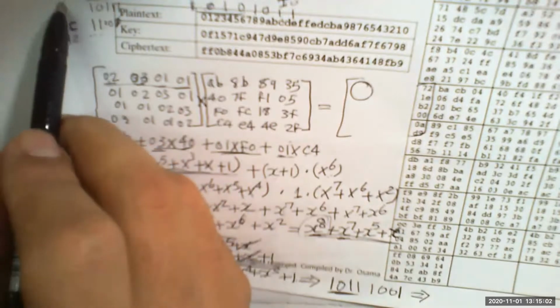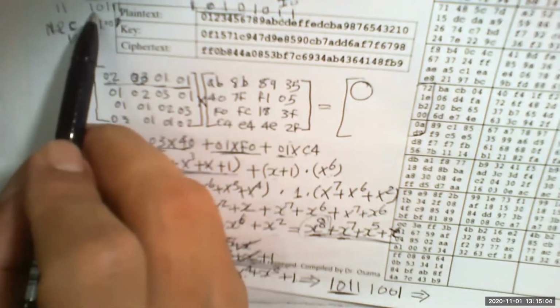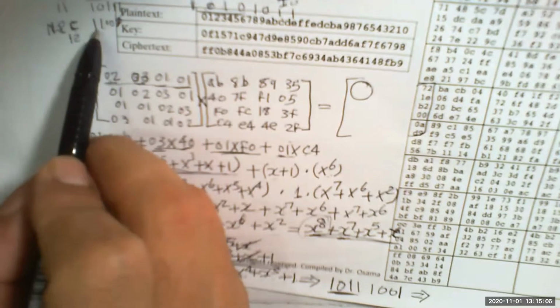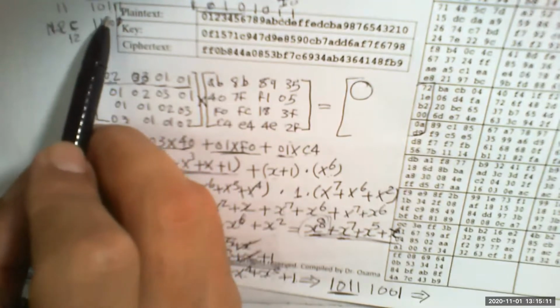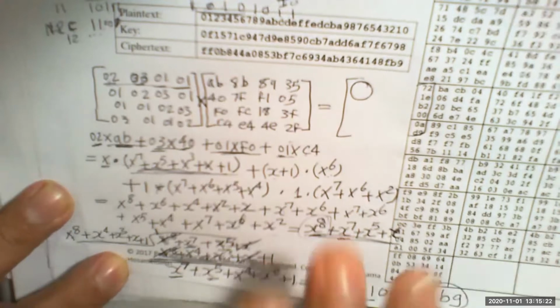Here, I can conclude that, as I told you about this, A is 1010, and 1011 is B, and 1100 is C. So 1011 is B. And this is 1001, this is 8 plus 1, which is 9. This is B9. I take this B9 last and put it here in the output.